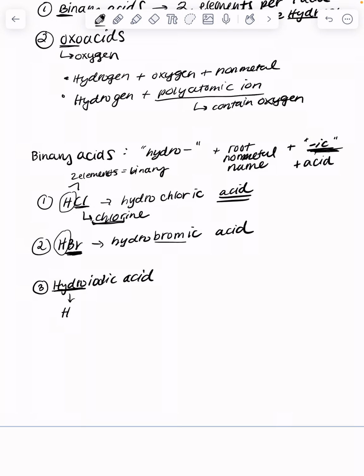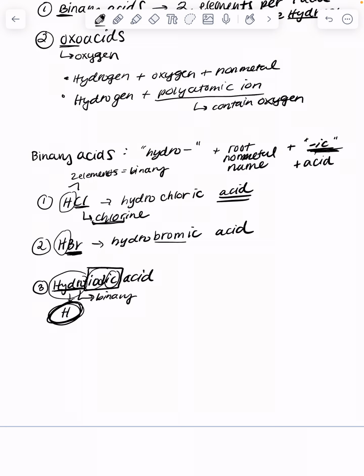Going the other way, right, when they give you the name and they want the formula for it, look for the word hydro. If you have the word hydro, that means it's going to be binary, right? And you're going to have 1 hydrogen. Now you just have to figure out what is the other element. What is your root nonmetal? So come over here and look at this. Iodic. I know that the IC is my suffix.